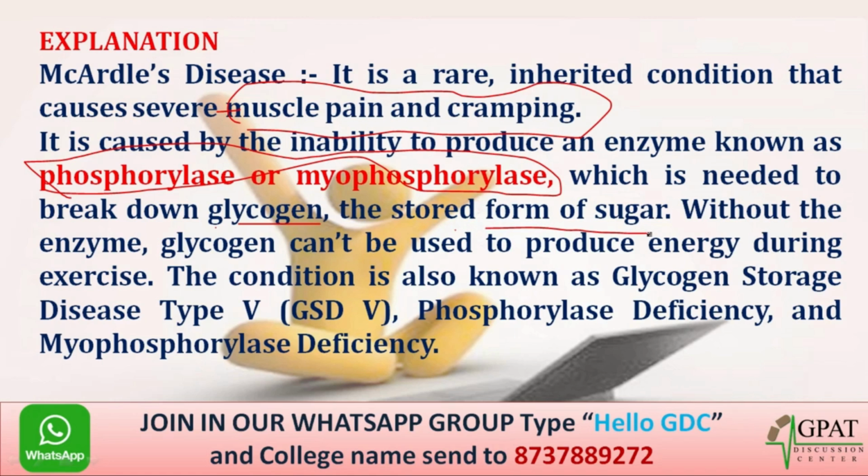Without the enzyme, glycogen can't be used to produce energy during exercise. This condition is also known as glycogen storage disease type 5 or GSD5, phosphorylase deficiency and myophosphorylase deficiency.